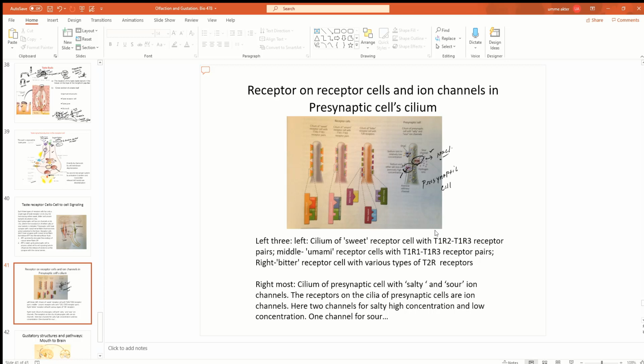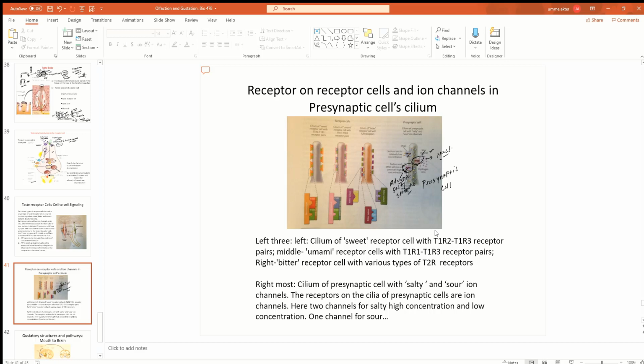Another type is for adverse, high concentration salty stimulus. So if you put a lot of salt on your tongue, then this one will be activated, and this is called the adverse saltiness channel, and this one is like a common sodium ion channel, low concentration.